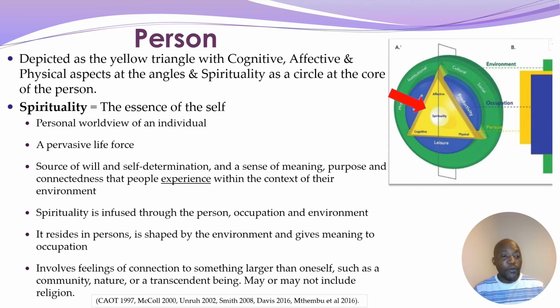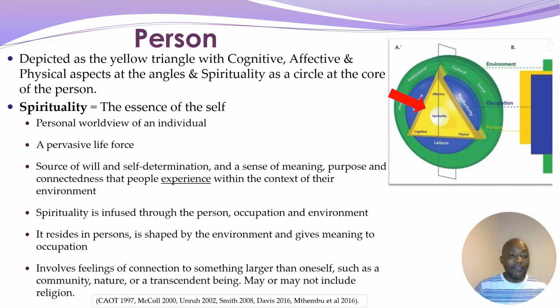The authors of the CMOP-E say spirituality is the essence of the self. Spirituality also relates to an individual's worldview, their personal worldview, how they see the world around them, and how they situate themselves as an individual in that particular world or in that particular context.